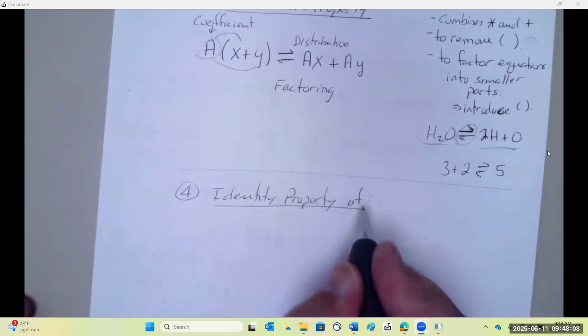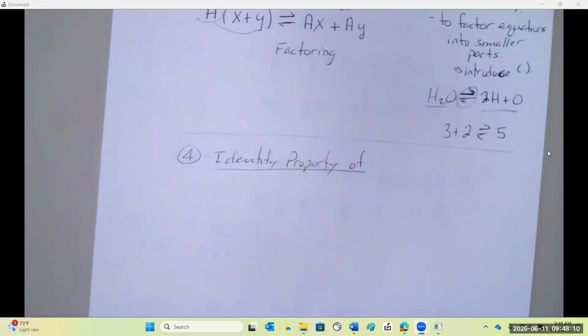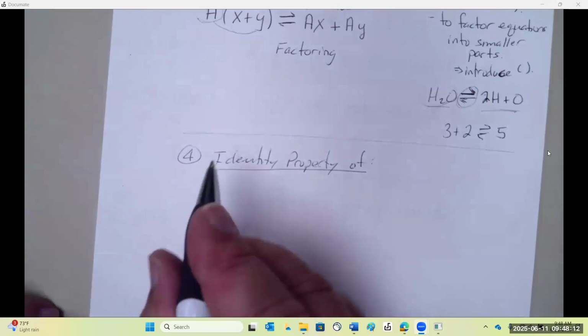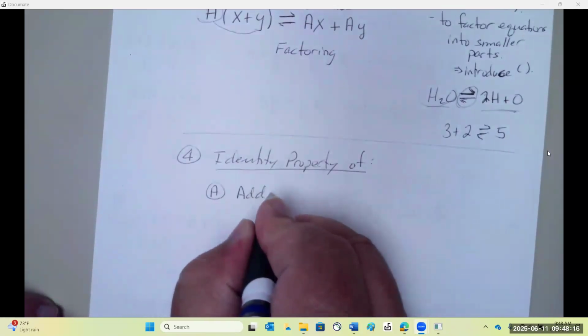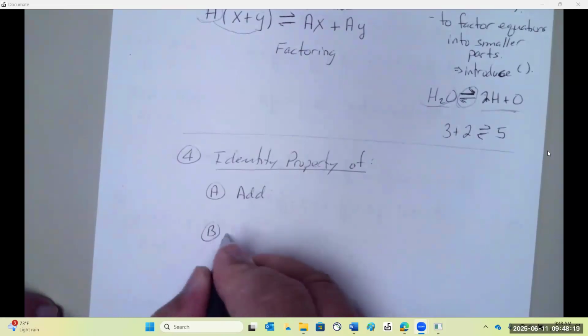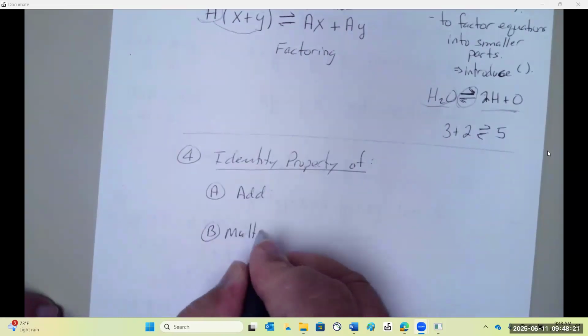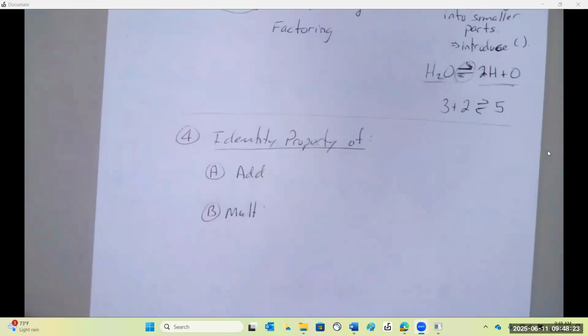Then we have the identity property of addition and multiplication. What the identity property is: what do I do so that whatever I start off with doesn't change?